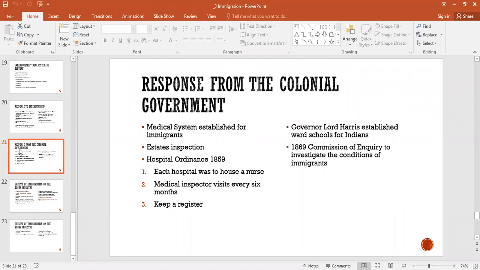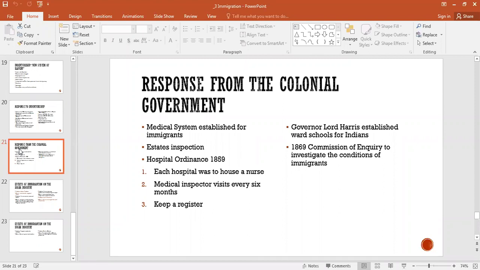All right. And they're also going to establish schools. So some of the colonial governors, for example in British Guiana, are going to establish schools for the Indians. And then the British government in 1869 is going to have a commission of inquiry where they're going to investigate all the different problems linked to indentureship.